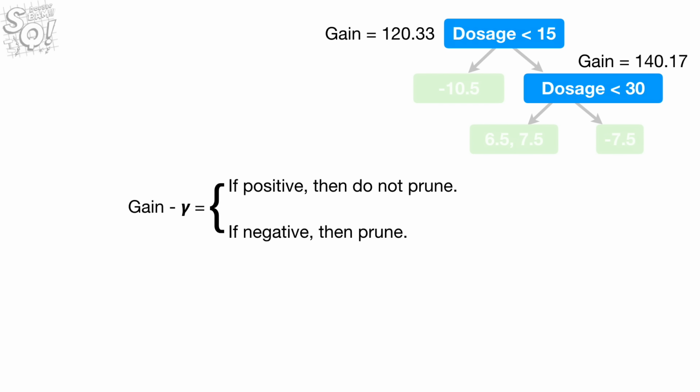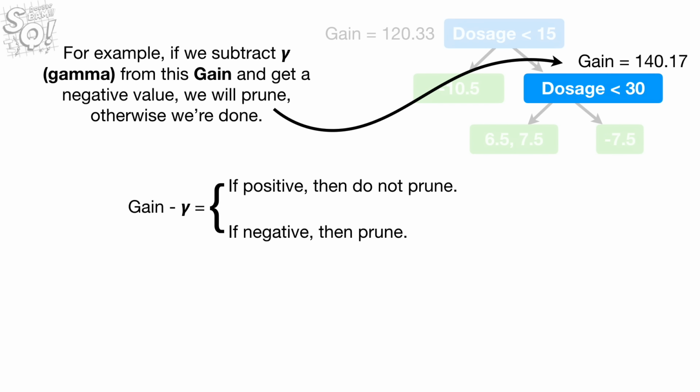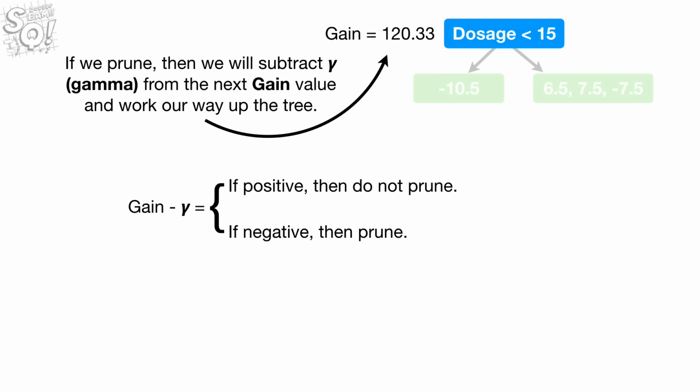If the difference is positive, then we do not prune. If it's negative, then we prune. For example, if we subtract gamma from this gain and get a negative value, we will prune, otherwise we're done. If we prune, then we will subtract gamma from the next gain value and work our way up the tree.